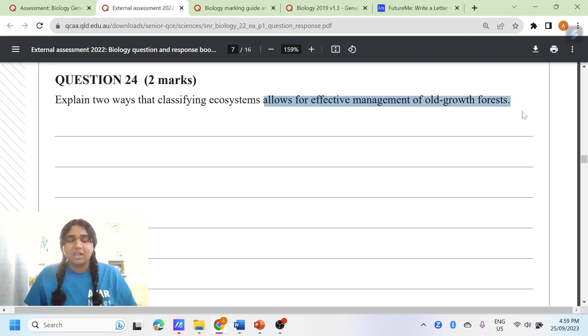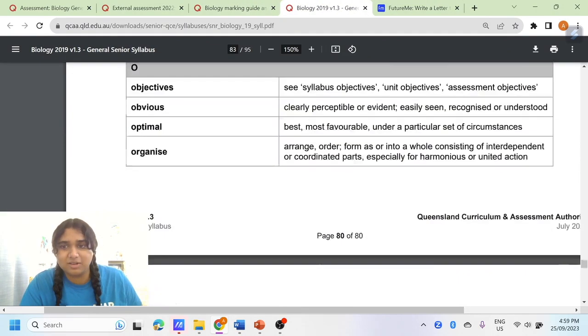Now, a lot of people would have been stumped on this because old growth forests in particular are mentioned in, well, I'll show you.